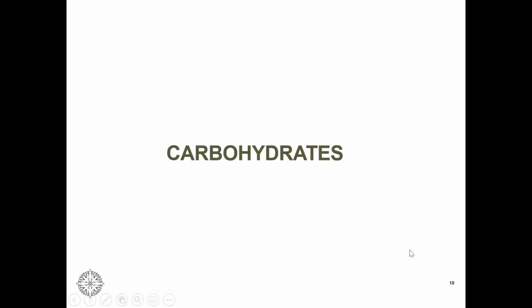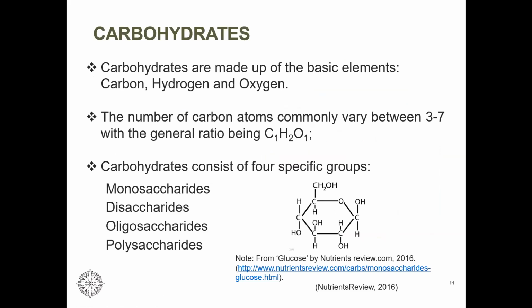So we are going to start with carbohydrates. And I'll rush through the first couple of slides because you have studied it in various subjects. But still, if you have a question, let me know. So we all know carbohydrates. They are made up of carbon, hydrogen, oxygen. We have different types.